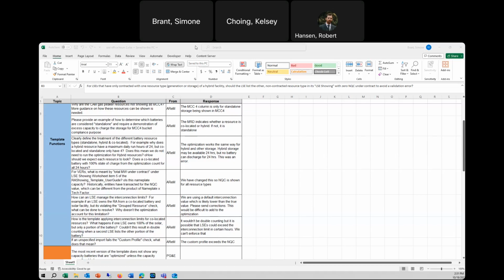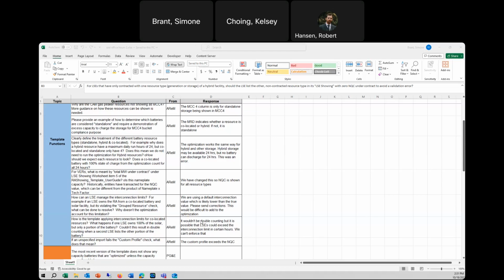Okay. Does that make sense? I think I'm getting it, but I'm just not sure. It still seems like it's on the LSEs to make sure that what they report is less than the interconnection limit from their resources.